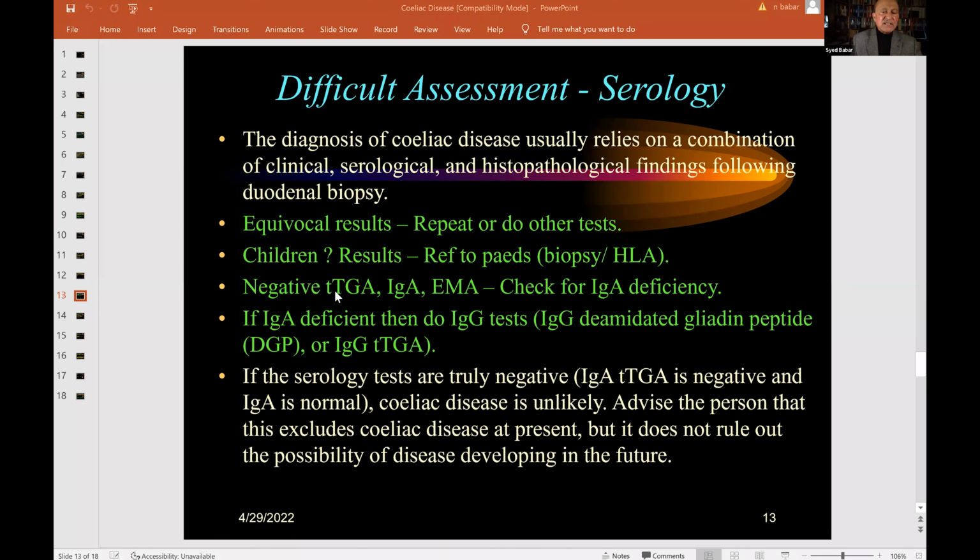If the initial tests of TTGA, IgA, and EMA are negative, and one specifically checks for the IgA level, and if this is deficient, then the rest of the tests may be controversial or falsely positive. But if, on the other hand, the IgA is present in the normal quantity, then negative tests will exclude celiac disease.